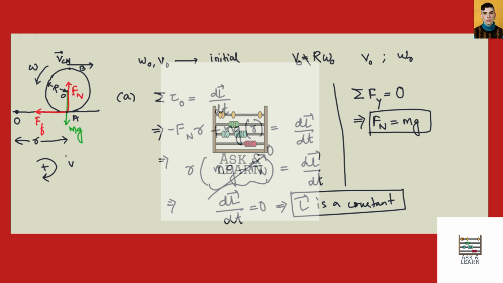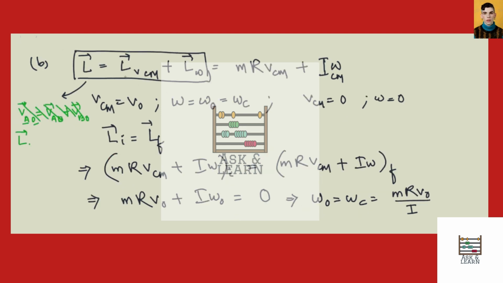So we can write, sorry, you have to write for angular momentum. So we can write angular momentum of B with respect to A. We can write that to be equal to angular momentum of B with respect to O plus angular momentum of O with respect to A. And angular momentum of O with respect to A is the angular momentum of the center of mass.